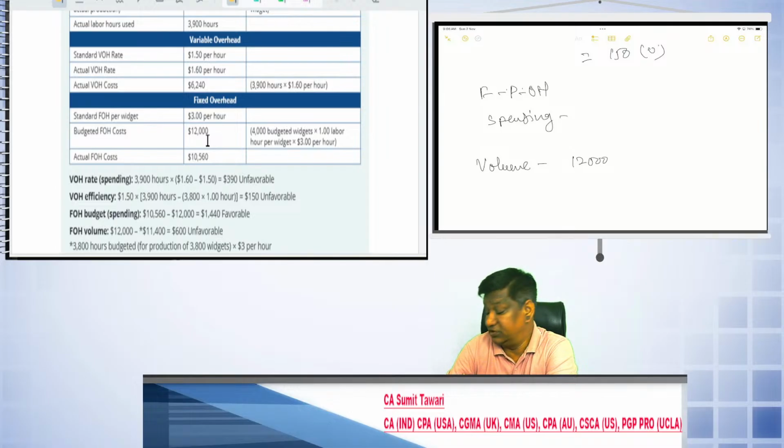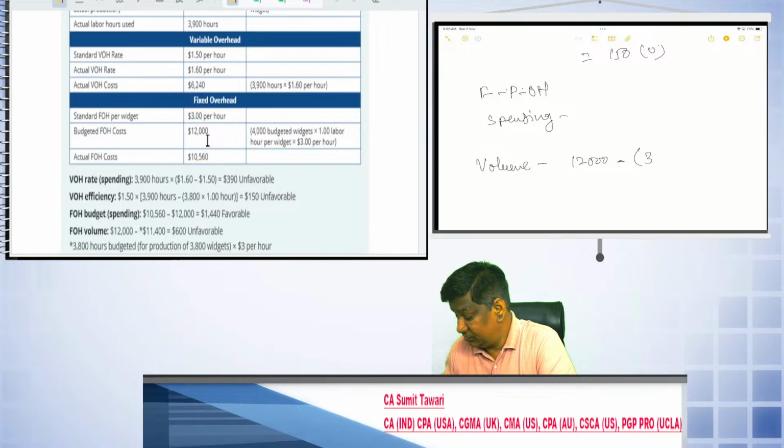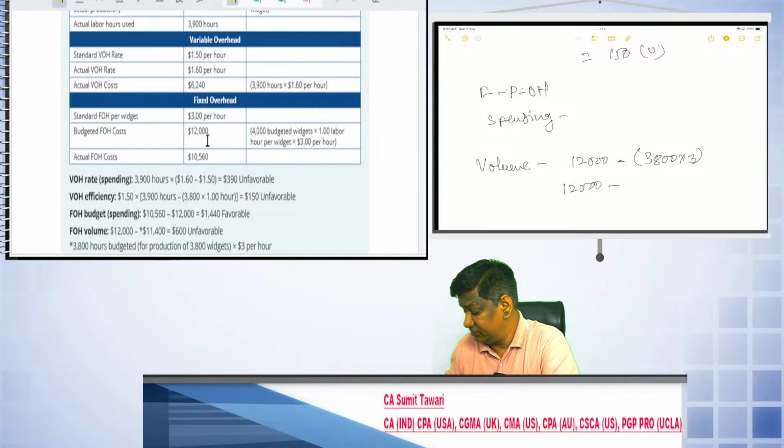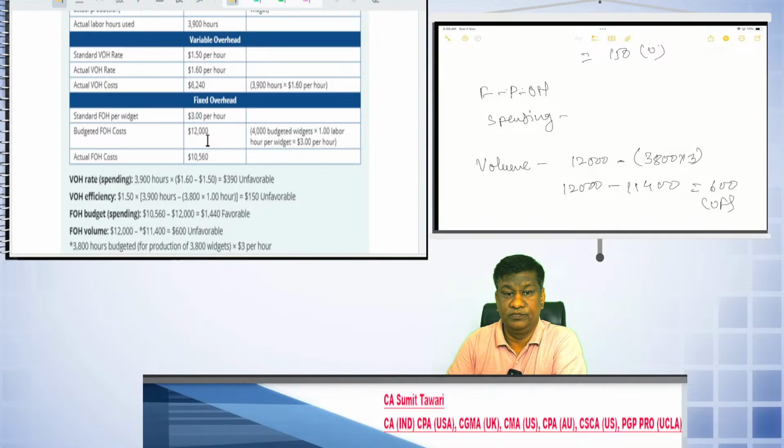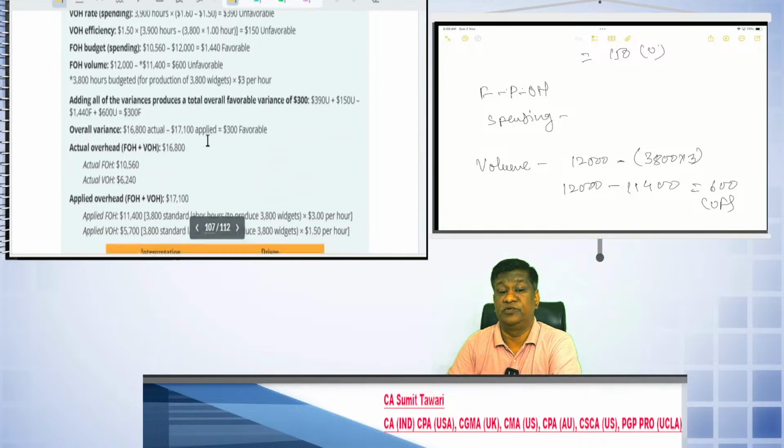So my recovery is basically 3,800 multiplied by 3, minus the budgeted recovery, which is unfavorable: 11,400, so 600 is my unfavorable. This way we need to calculate.